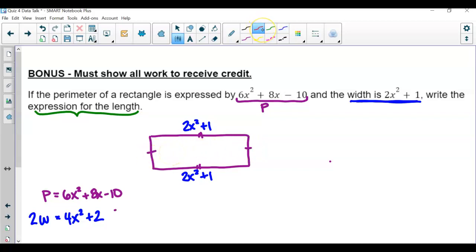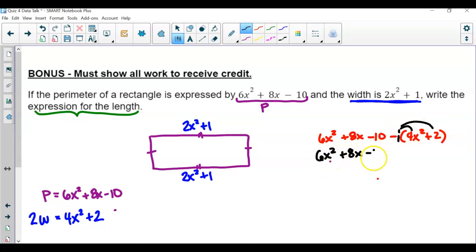One way of doing that is I could subtract the perimeter, which is 6x squared plus 8x minus 10, minus that 4x squared plus 2. Now notice how we do need to distribute that negative 1 here. So really we're combining 6x squared plus 8x minus 10, then minus 4x squared minus 2 from distributing the negative 1.